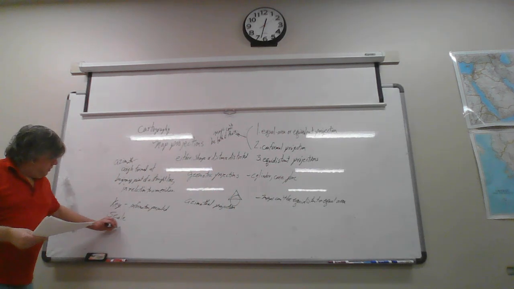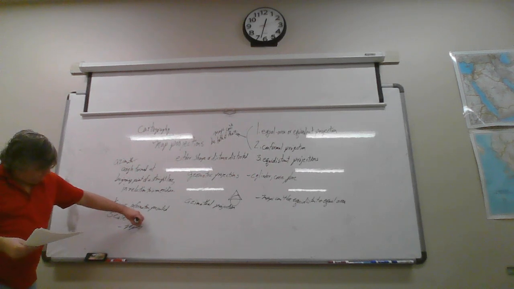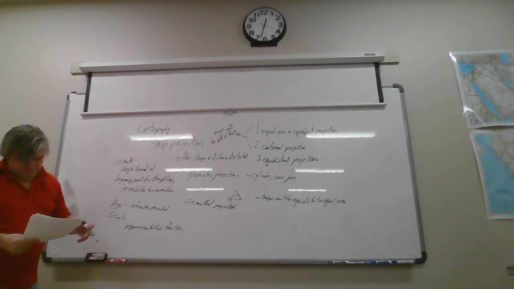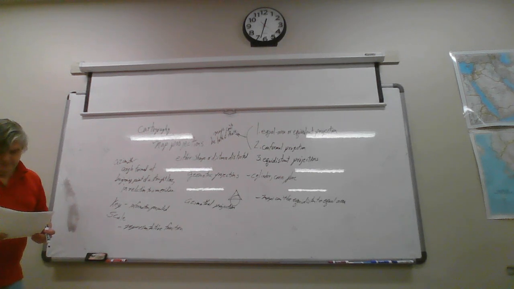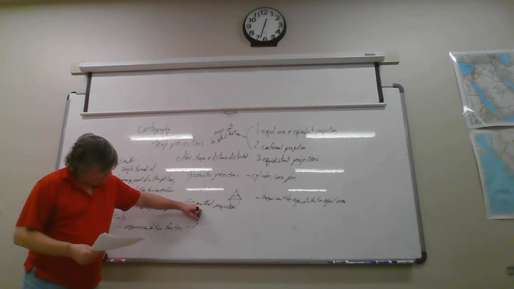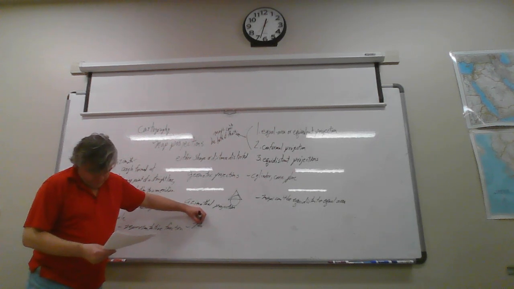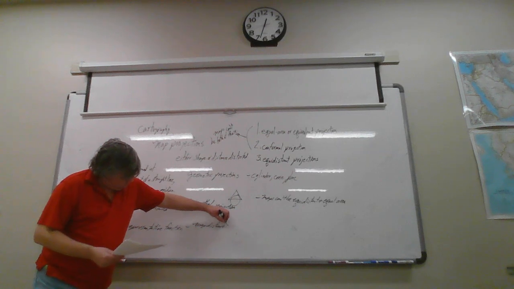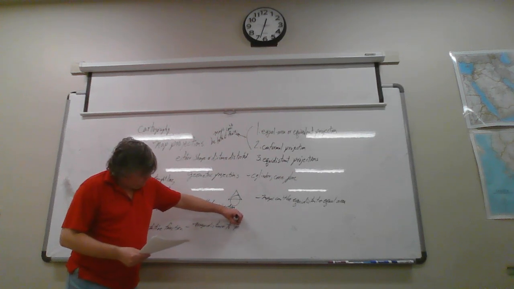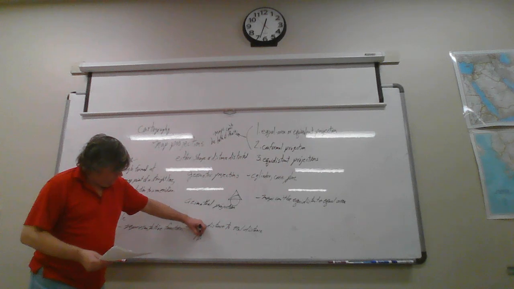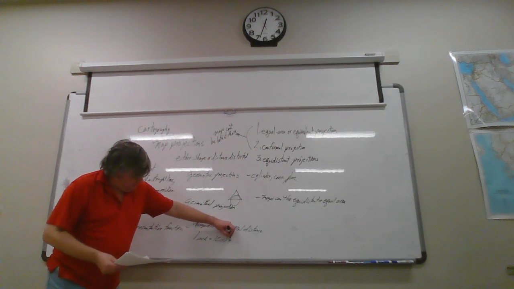Now, scale can be put in terms of what's called a representative fraction. So you give two numbers. First will be the map distance. Second will be the real distance. Example, our big map here: 1 inch equals 1,200 miles, just as an example.